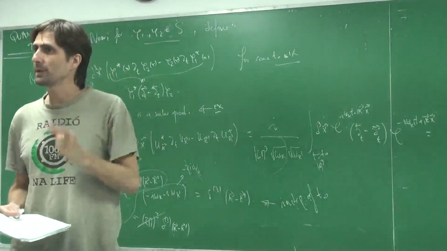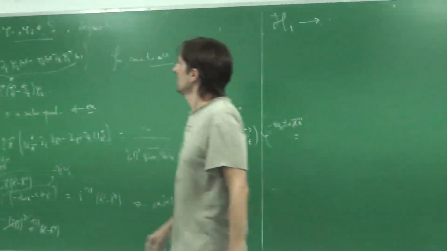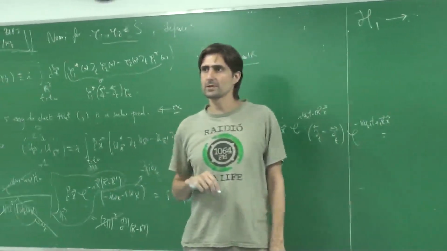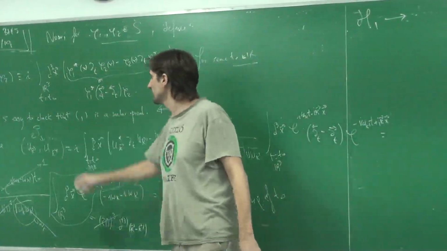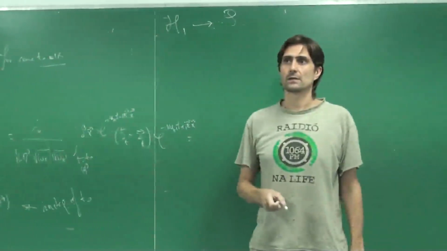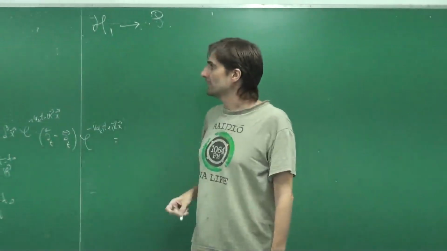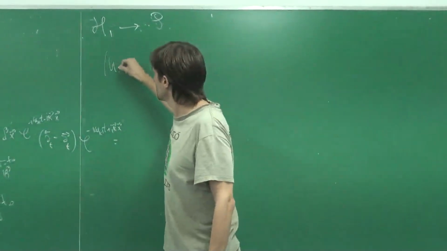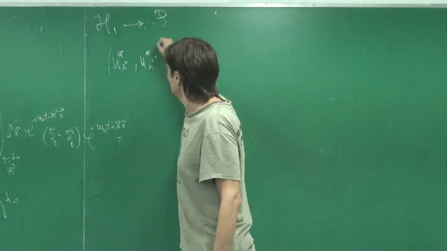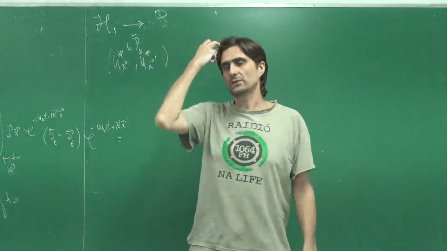Now remember, the one-to-one mapping that we had was between H1 and not the full set of complex solutions, but just the positive frequency ones. So we have an inner product here. The question is, if now I take UK star, which are negative frequency solutions, is that going to be positive definite?